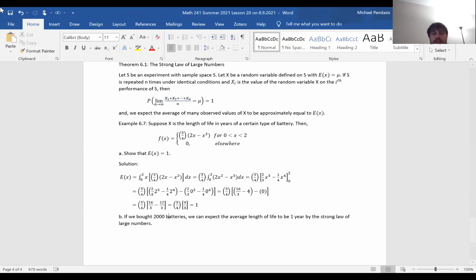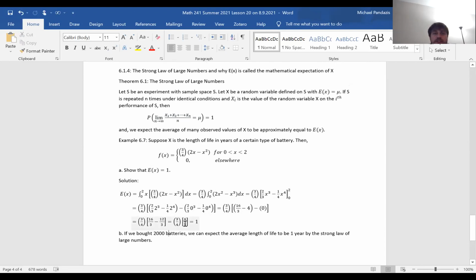And so each battery has a certain length of life, right? Each battery lasts a certain amount of time. So each battery can be thought of as an experiment, where the value of x is how long that battery lasts. And so you repeat this experiment under identical conditions. You have 2,000 batteries, and you find out how long each of the 2,000 batteries lives for.